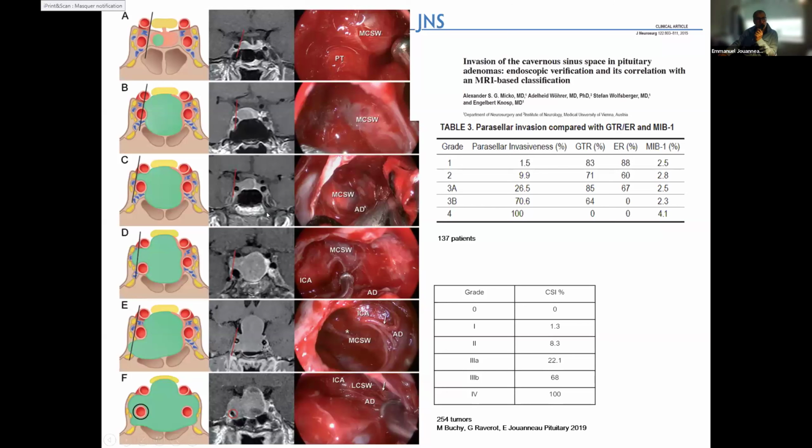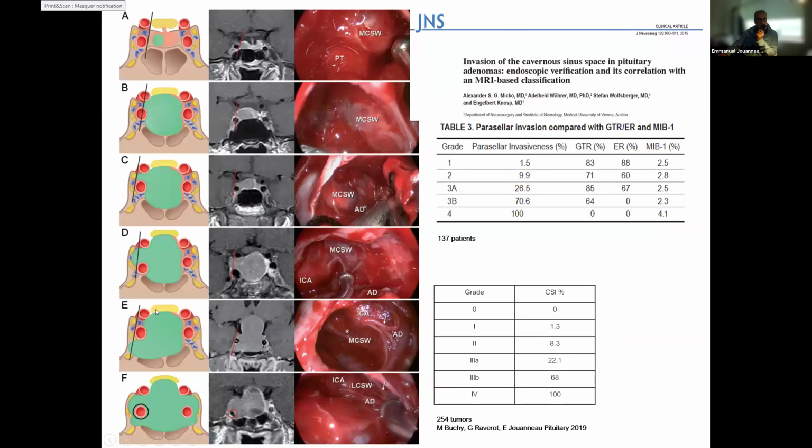The invasion starts to be elevated when it's a grade 3 Knosp tumor. And there are two kinds of grade 3. There is a tumor that extends in between the two carotid loops. It's a 3A, so it starts to be invasive at 3A, but the more invasive tumor is grade 3B.